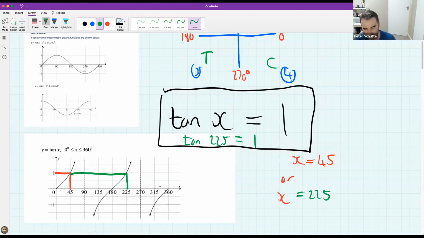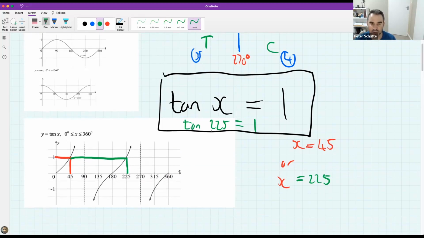And what this shows us is something that we knew already. We knew that to solve a trig equation, there isn't just one solution. There are many solutions because trig graphs repeat themselves, or we say they're periodic functions. The tan graph's period is 180 degrees, so it reoccurs every 180 degrees.